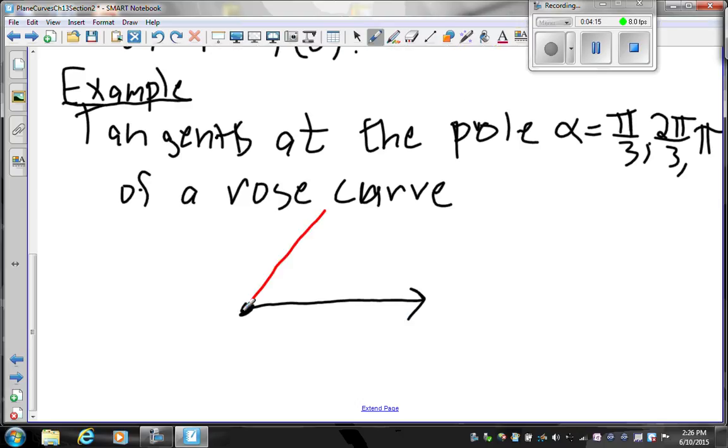Pi over 3 would be this line, 2 pi over 3 would be this line, and pi would be this line.